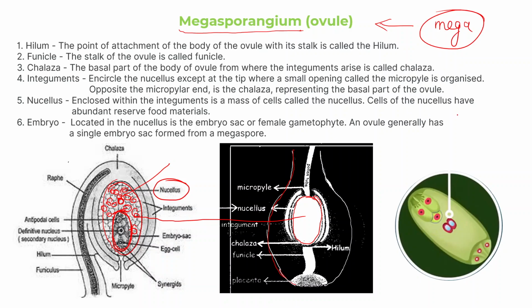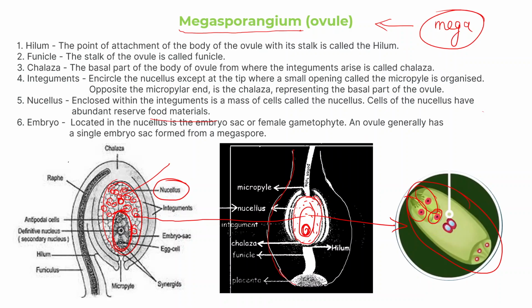The cells of the nucellus have abundant reserve food material. One of the cells will form the whole ovule structure having the egg cell to synergid cell, but the remaining part will act as the food reserve.